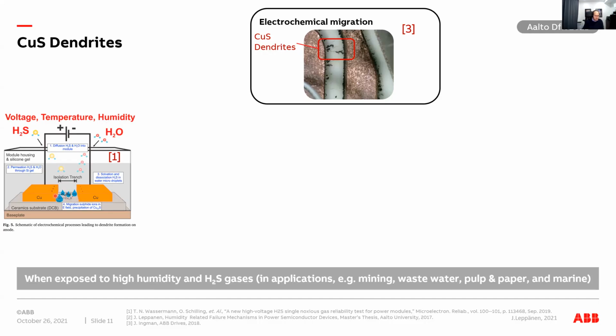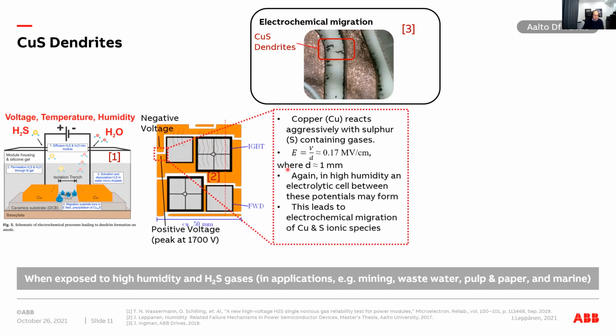Copper can then grow into a dendrite when hydrogen sulfide is there. Why it is so problematic is that the electric fields can be really large. Typically the isolation trench width is around 1 millimeter, and if we have a 1700 volt device, for example, it can be even 0.17 megavolts per centimeter. So it's really large already.